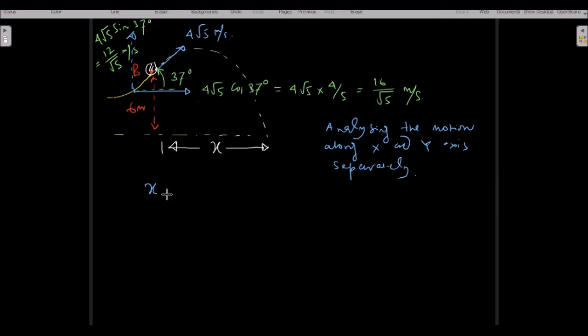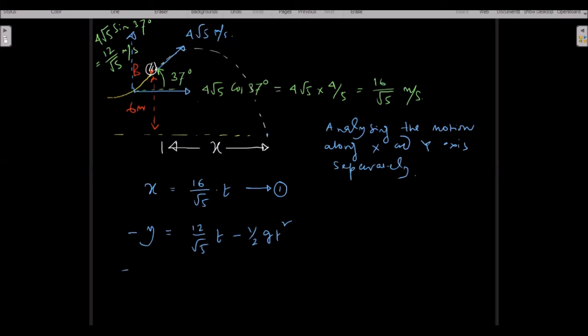Along x-axis, you are going to write x equals 16 by root 5 into t. That is equation number 1. And along y, see, final position is below the initial position, so minus y. Initial velocity is up, so that is plus 12 by root 5 into t minus half g t square.